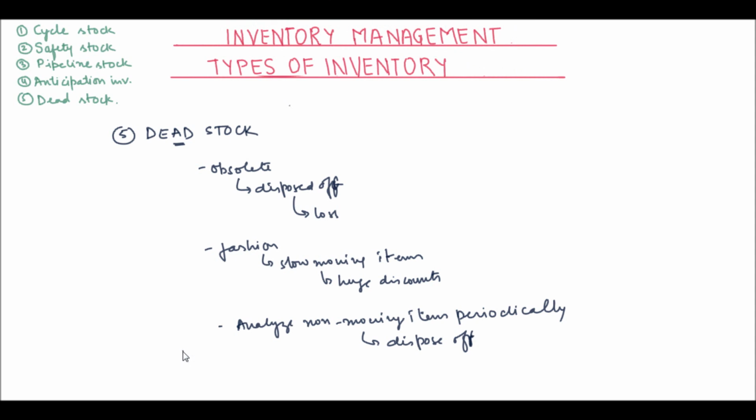So these are the 5 basic types of inventory and what each of these means.